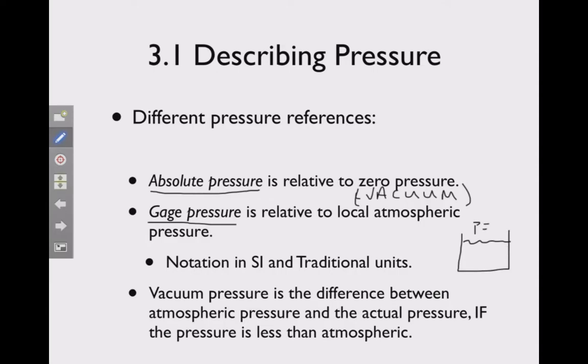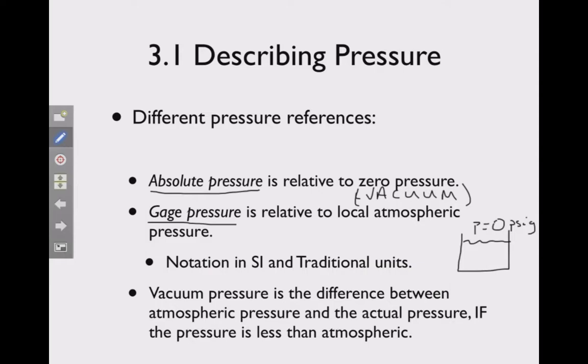A lot of times we'll want to say that this is zero pressure, say zero PSI gauge or zero Pascals gauge. It is not absolute pressure, it's gauge pressure, and we define it to be zero even though the actual atmospheric pressure is pressing down on top of this. So gauge pressure is relative to the local atmospheric pressure.